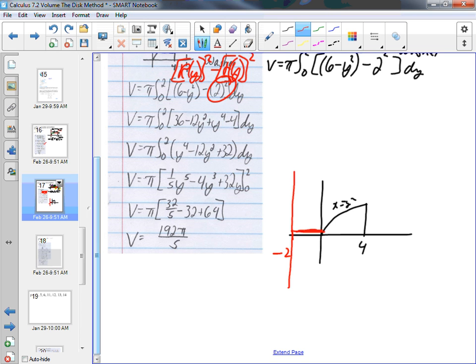It'd be a constant, 6. What would the inner radius be? All right? Because here's a distance of 2, and then that other little distance is x. y squared. y squared plus 2. Okay?